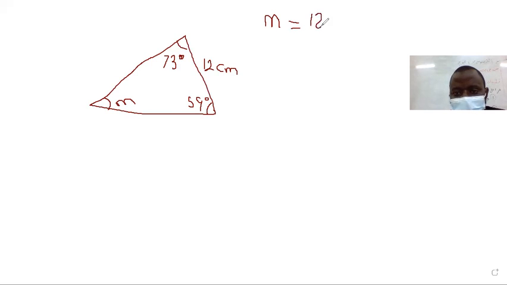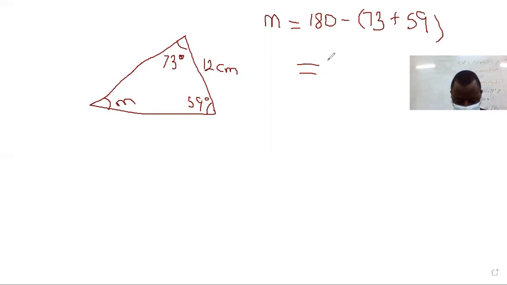Remember that the total angle inside a triangle is 180 degree. So angle M is 180 minus 73 plus 59. This is going to give me 48 degree.